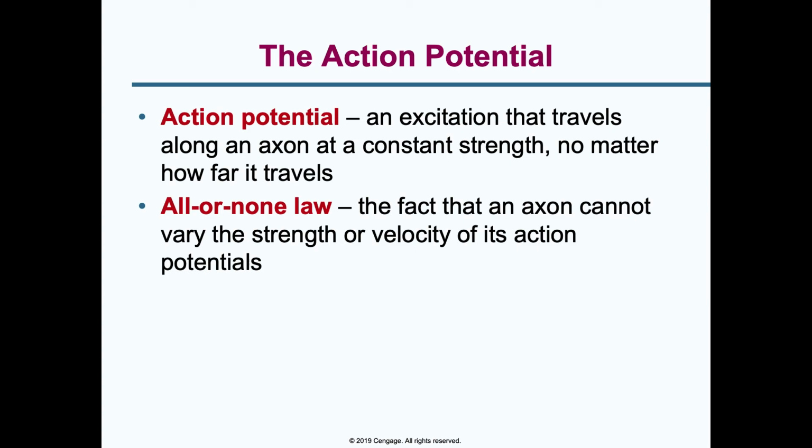Unlike a light with a dimmer switch, where you can dim it, that would not be the all or none. That would not be an action potential, because it can decrease in intensity, and the strength of it goes down, the light gets dimmer. However, for the action potential, the action going across the neuron stays the same from beginning to end in how strong it is. So that's a good way to think about it with the light switch versus a dimmer.